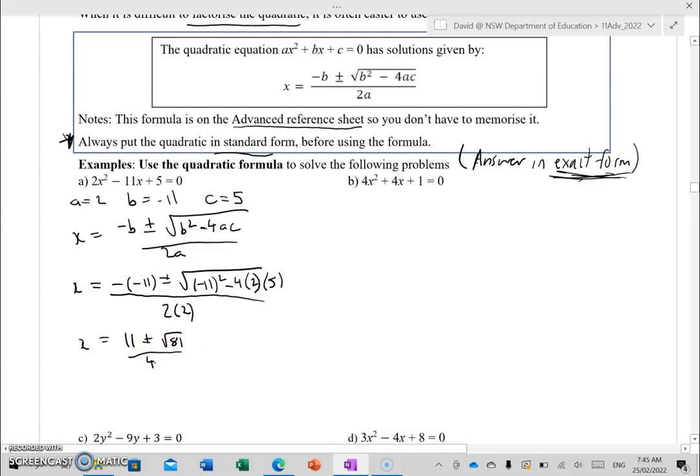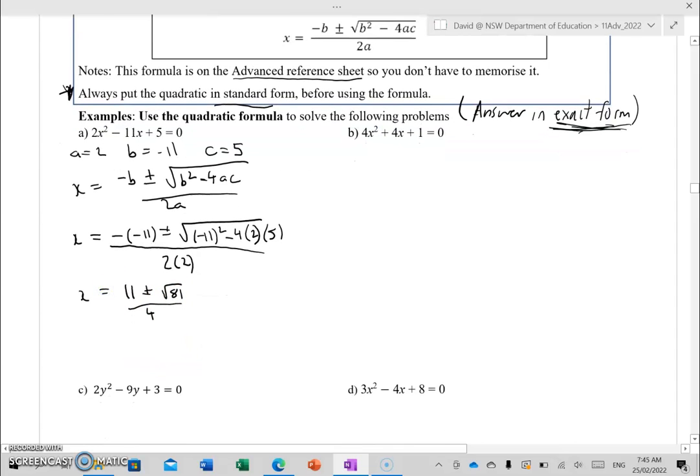And you might be going, square root of 81, sir, I can work that out, that's 9. Yes, you can. So we're going to do that. So x is going to be 11 plus minus 9 on 4. And when there's a plus minus like that, we split into 2 parts. So we're going to have one answer as 11 plus 9 on 4, and the other answer as 11 minus 9 on 4.